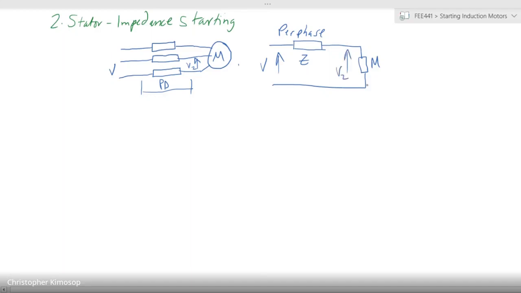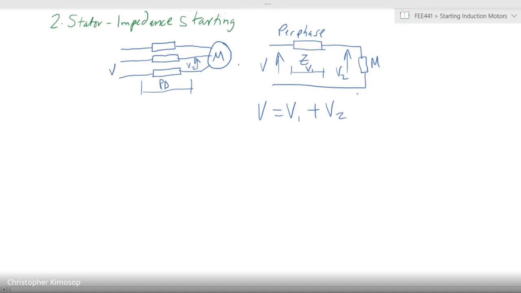This is V2, right? So what will happen is your V will be equal to V1, which is a voltage that is across the impedance that you have introduced, sorry, not equals, plus another voltage, which is the load voltage, what is seen by the motor, right?